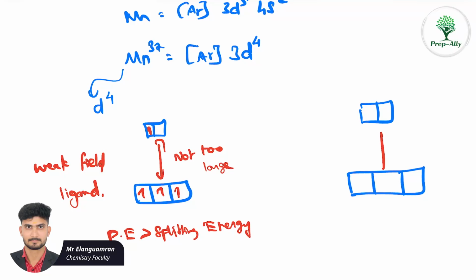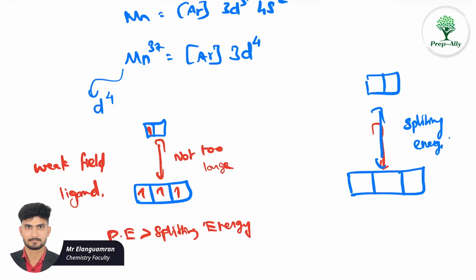And over here, the splitting will be very large since it is a strong field ligand. So the splitting energy is greater than the pairing energy, so the minimum energy is going to be the pairing energy. The fourth electron prefers the minimum energy spent, so it is going to get paired.